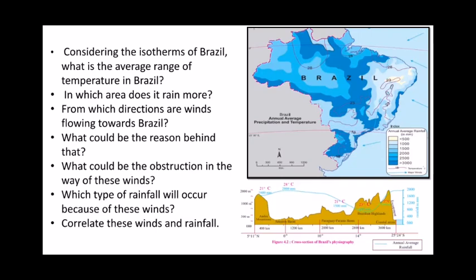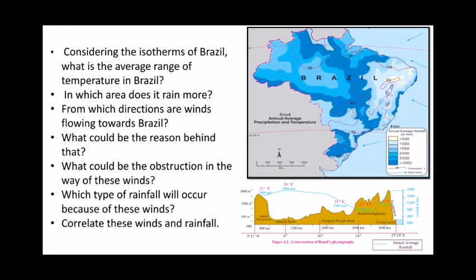So, the reason may be the permanent trade winds which blow from high pressure belt to the equatorial low pressure belt. Brazil being in the tropical zone, a low pressure area is created and wind starts blowing from the ocean to the land.